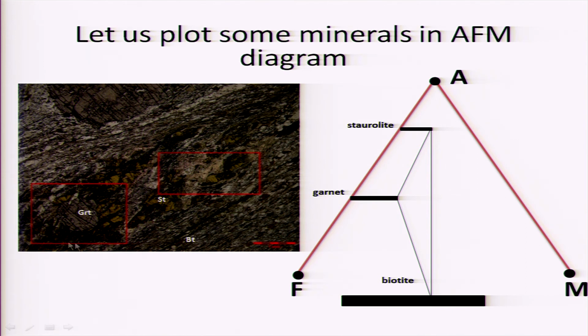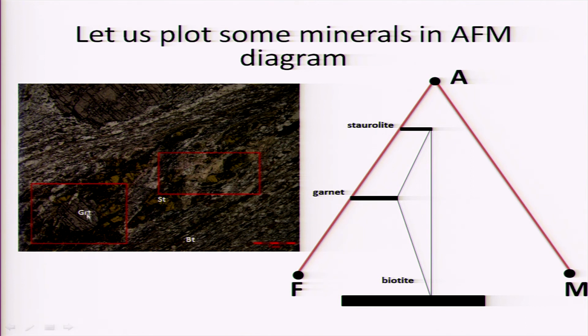Now, in this photomicrograph of a metamorphic rock from Karakoram, the garnet is present here, staurolite is present here, and in the matrix the foliation is defined by biotite. So, if we find textural equilibrium between garnet and staurolite here, for example, this is also staurolite.